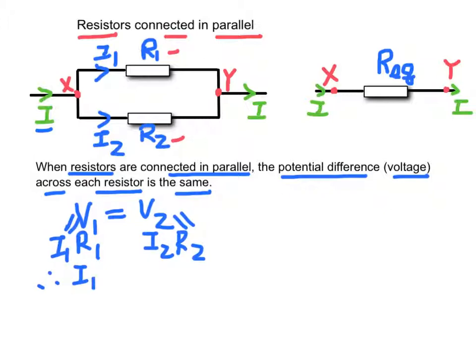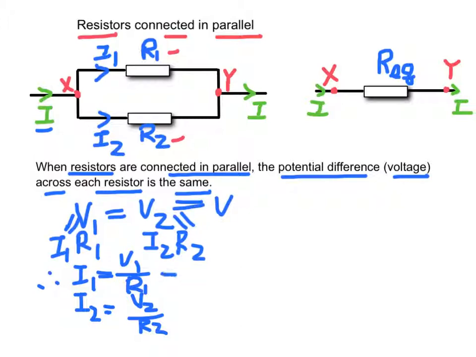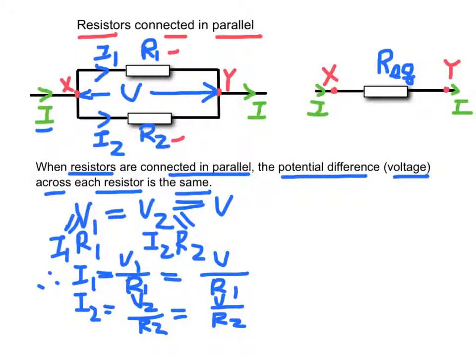Therefore, I1 equal to V1 over R1 and I2 equal to V2 over R2. Since V1, V2 are equal, we call V1 equal to V2 equal to V. Therefore, I1 becomes V over R1, I2 is V over R2, and V is the voltage across XY, which is equal to V2 and equal to V1.